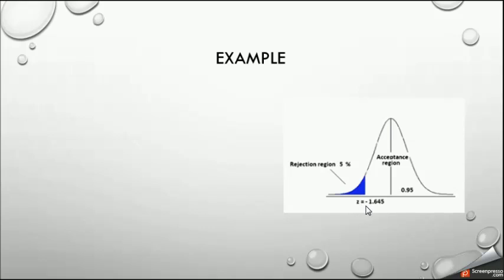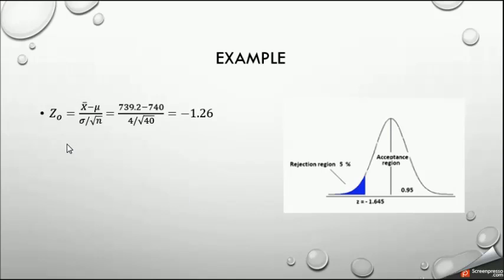We have the critical value of z to be minus 1.645. In the past we had this to the right, which was 1.645. The normal distribution is even and symmetric around 0, so this will be the same value but negative.